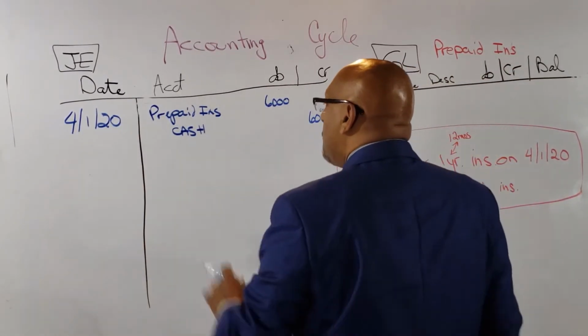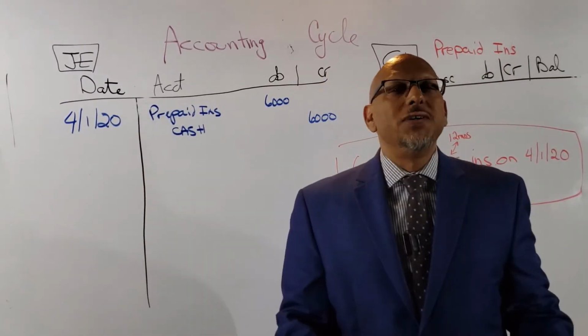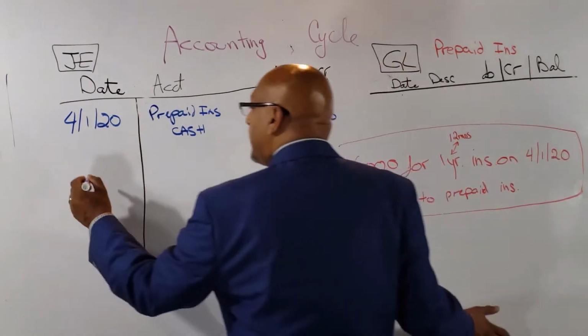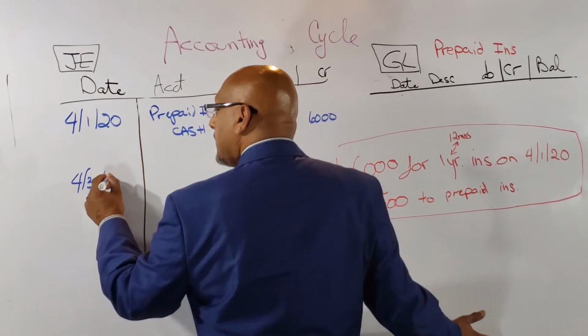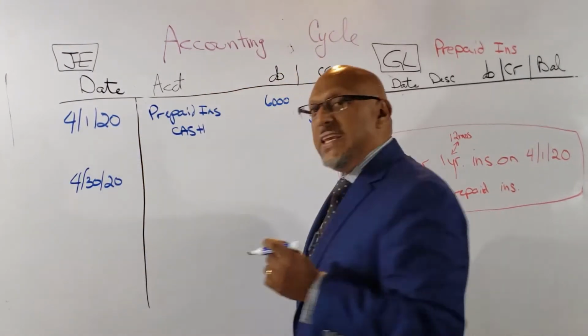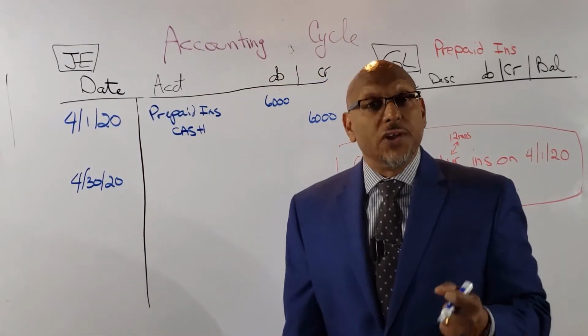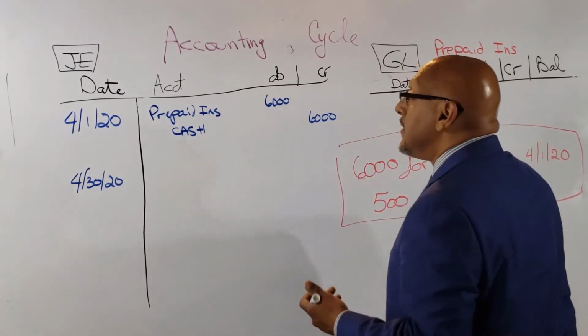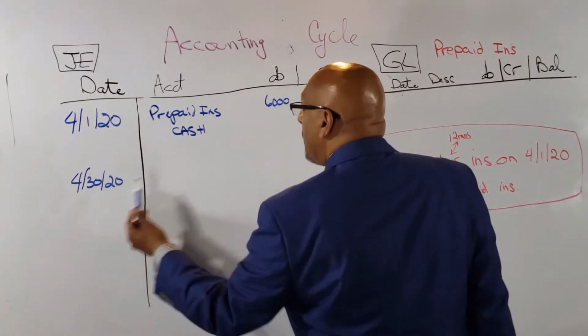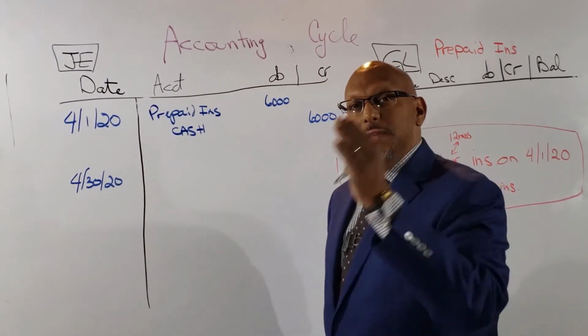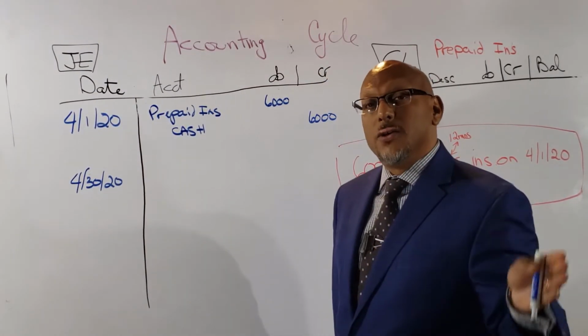Okay, now we fast forward to the end of the month. For ease, we're just going to pretend that April 30th was the month end, or the last business day of the month. So now we're going to do our adjusting entries, and we do the adjustments before closing.